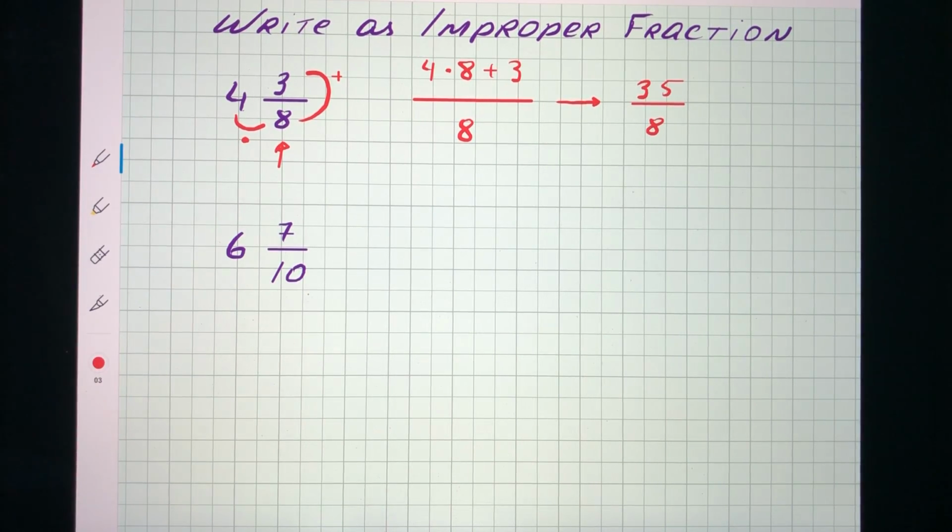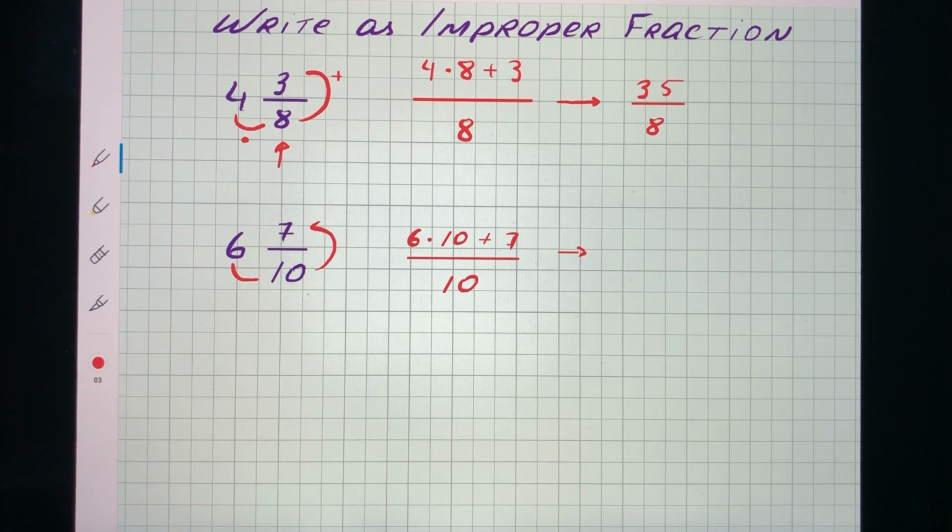6 and 7/10. Let's convert it also into improper fraction. Multiplication is first. 6 times 10, and then plus the top number, plus the 7, divided by the same denominator as before. 6 times 10 plus 7, that's 60 plus 7 is 67, divided by 10.